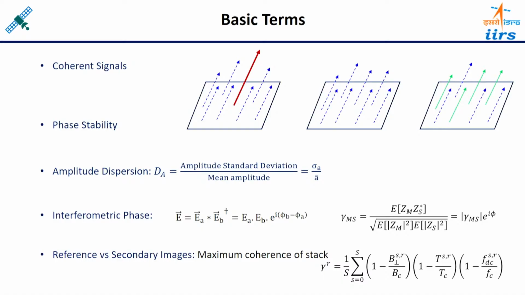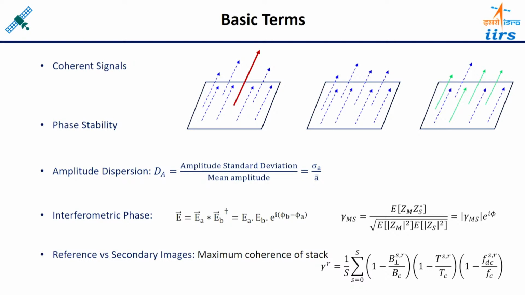As the distance increases, the baseline increases, and hence the coherence value decreases. But if it increases beyond a particular value, then both signals are completely decorrelated, meaning there is no coherence between the signals, and that particular value is called the critical baseline.